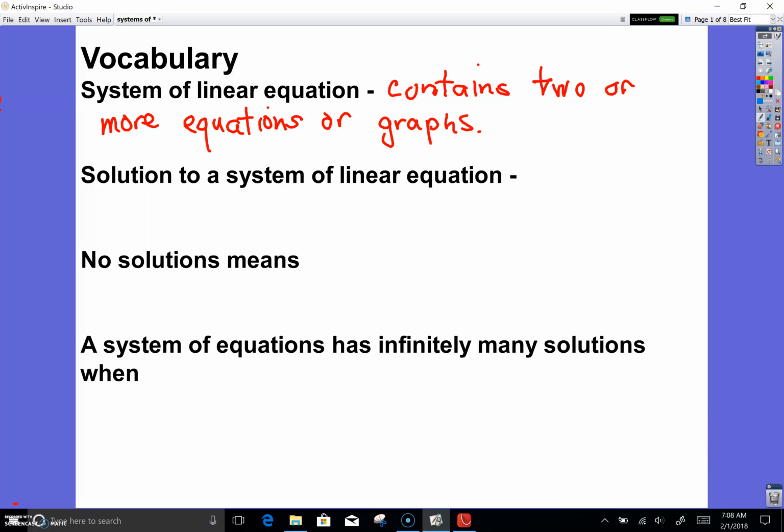Okay, and a lot of times when we look for equations, what we're trying to do is find the solution. The solution to a system of linear equations is the point of intersection.